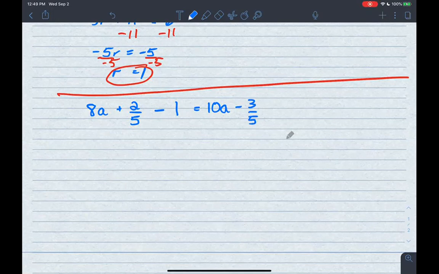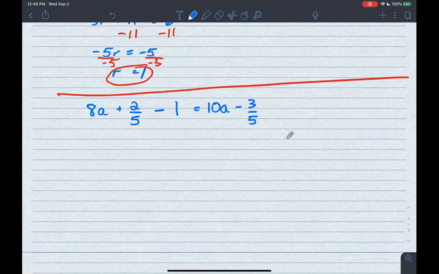Again, first step, we need to know what the least common denominator is. So what is our least common denominator? In this case, it's our only denominator. The equation was 8a plus 2 over 5, so it's not just a 2, it's the 8. See how that's really important?